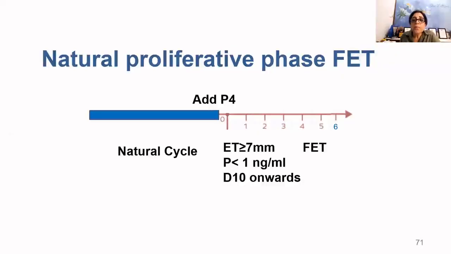You do a progesterone level, and if the progesterone level is less than 1 nanogram, that means ovulation has not occurred. So then you can start your progesterone, like you start your progesterone in an HRT cycle, and you give your progesterone for 5 days, and on the 6th day, you can do a blast transfer, or on the 4th day, you can do a day-3 transfer.